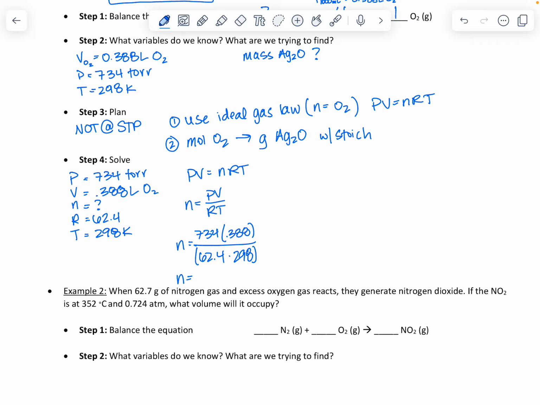So that should give us 0.0153 moles. And remember that this was for oxygen.